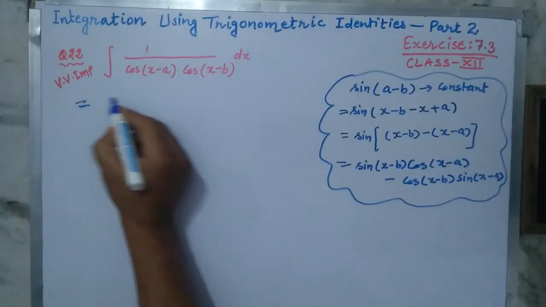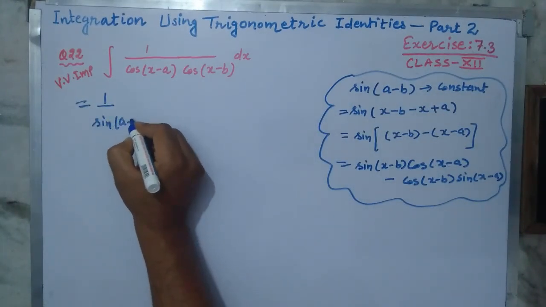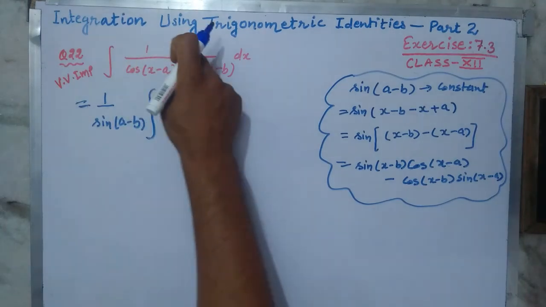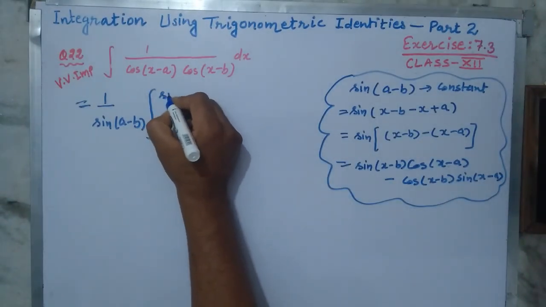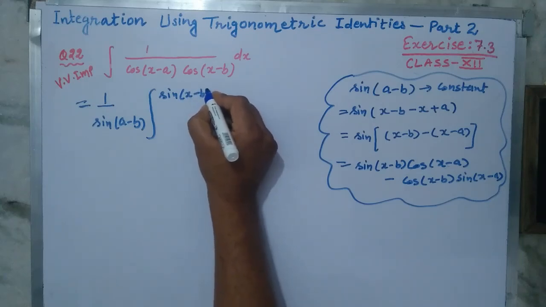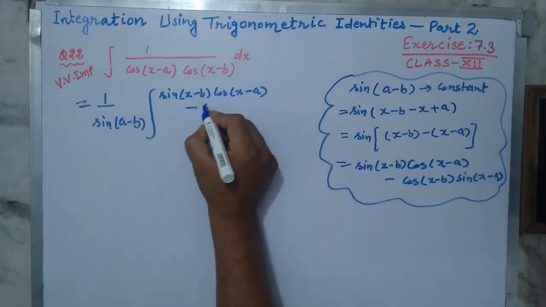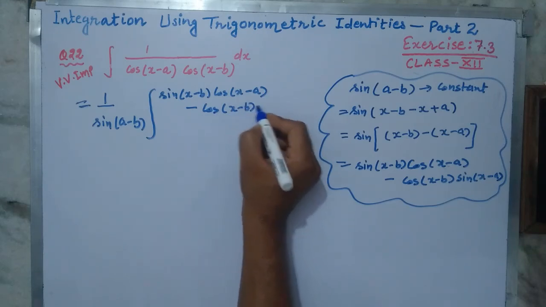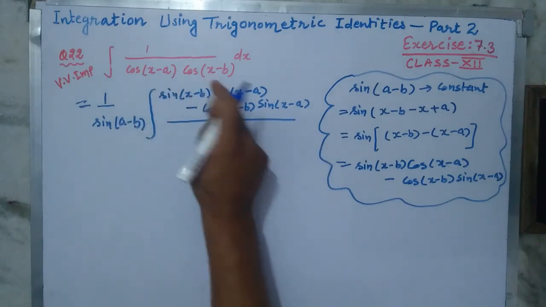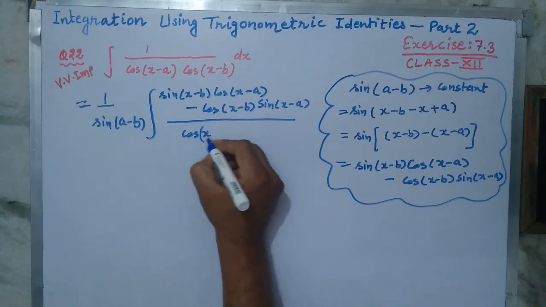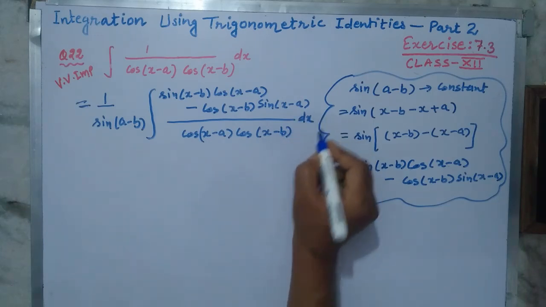In this question we are dividing by this constant sin(a minus b) and multiplying inside the integration, which becomes sin(x minus b) cos(x minus a) minus cos(x minus b) sin(x minus a) whole divide this denominator cos(x minus a) cos(x minus b) into dx.